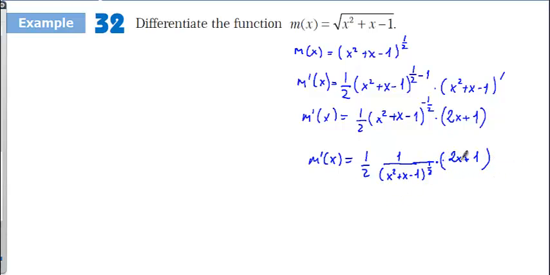If you multiply them, m derivative x is equal to (2x plus 1) over 2 times the square root of (x squared plus x minus 1), since the power 1 over 2 means square root. The 2 is here, and normally it's written like this. Okay, this is the result.